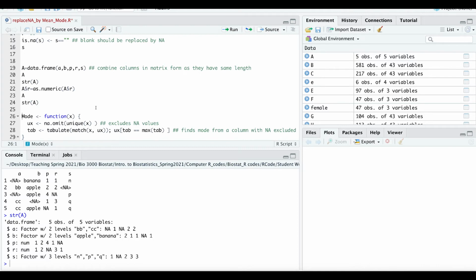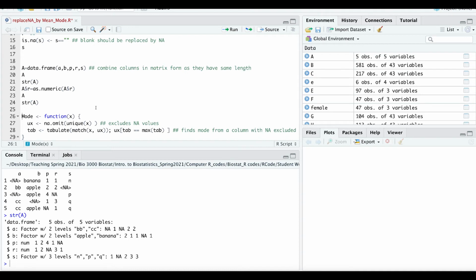As I mentioned, there are several ways we can replace NA values, but the very basic is, if the column is numerical data, then you should replace that by the column mean. And if the column is categorical or factor data, we replace by mode. This is very basic, just one way.